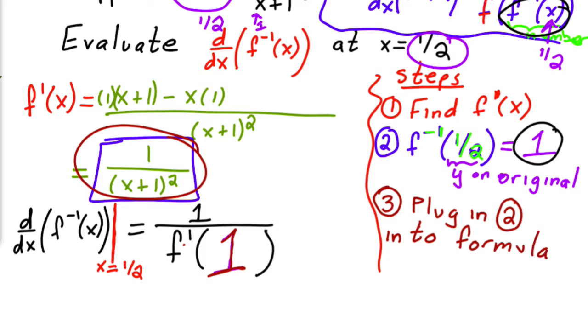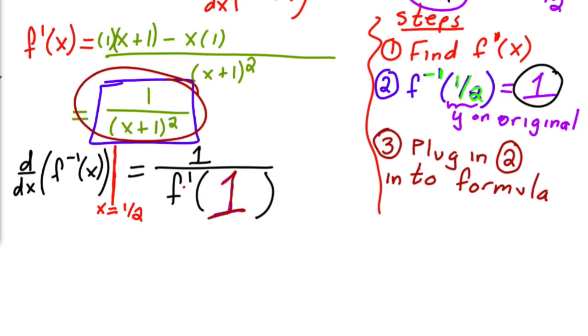So I'm going to plug it into the formula, and that's going to give me 1 over f prime. Actually, why don't we do this? Instead of plugging it into the formula, let's plug it into the derivative. That'll break down the process a little bit better. So we'll plug it into f prime of x.